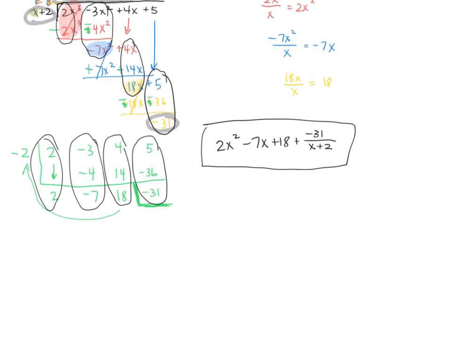So since we started with an x cubed, our answer will be, so this is x squared, this is x, this is no x, so it's a constant, and this is the remainder. So our function is going to be 2x squared minus 7x plus 18, and then remainder negative 31. Or write it like we did over here, the remainder over the divisor.